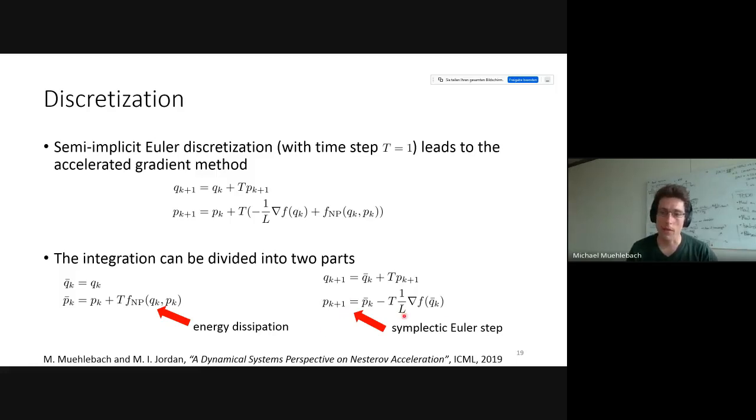But the fact that this scheme is symplectic means that the Hamiltonian properties of this conservative part of the dynamics are translated to discrete time. And so this integration works well, even if this part reduces to the identity. We'll discuss that in further detail in the following.